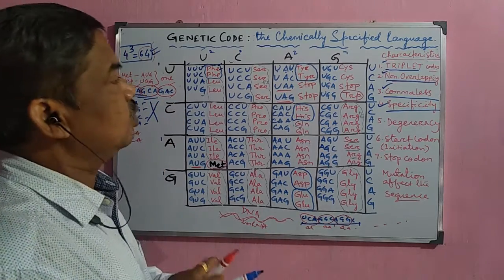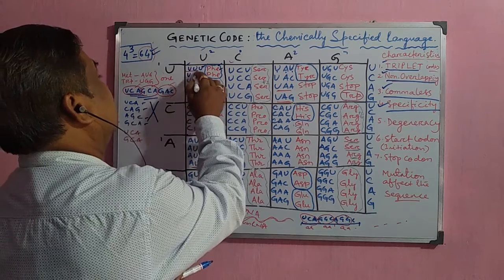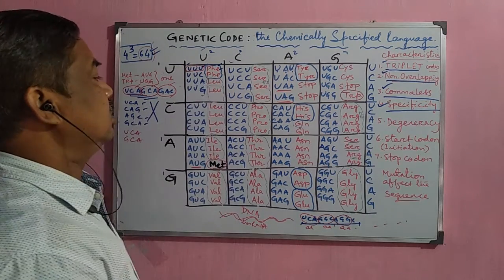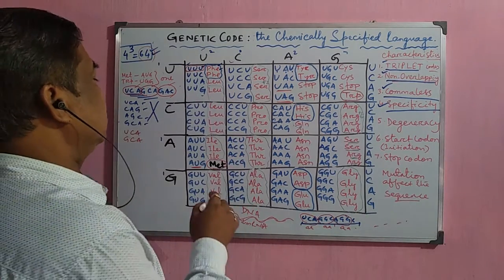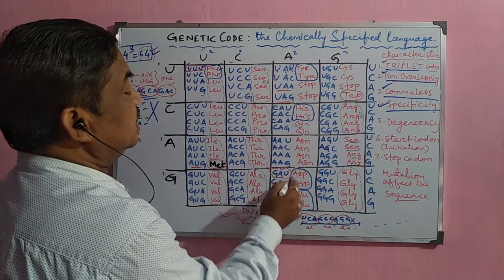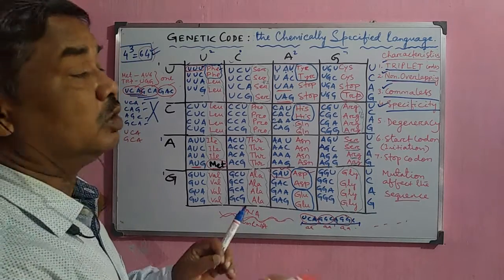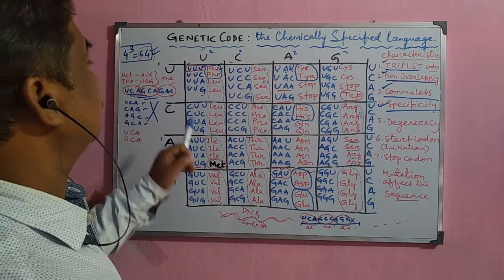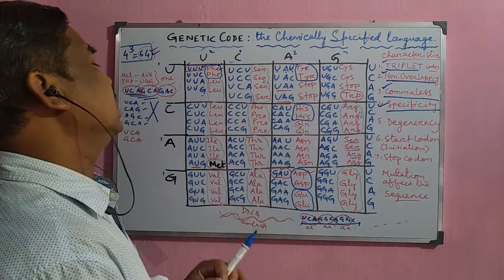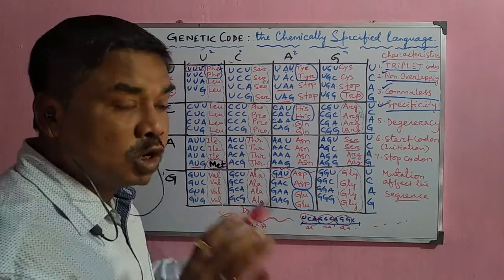So that is the specificity of this particular triplet code. Every triplet code, whatever it may be, you can take the example of GAU. GAU will code for aspartic acid only. It will not code for any other amino acid. So the codes are specific to their amino acid and they bind to that particular amino acid only.